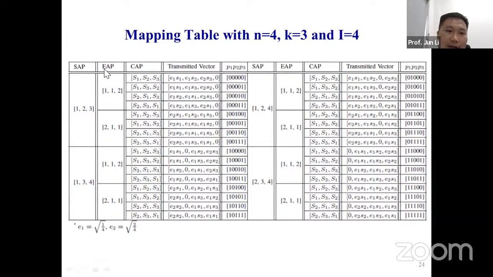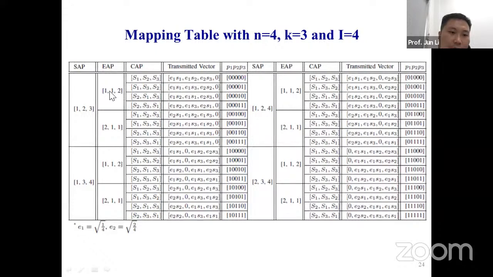For the energy allocation pattern, because I is equal to 4, the power allocation to these 3 subcarriers sums to 4, right?